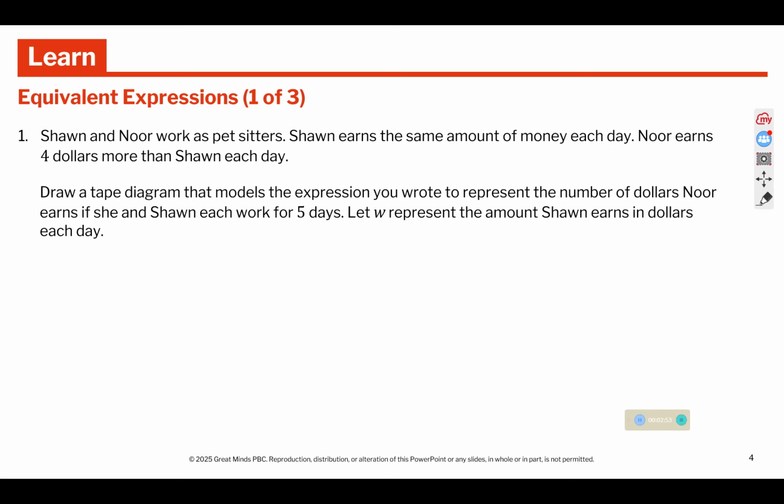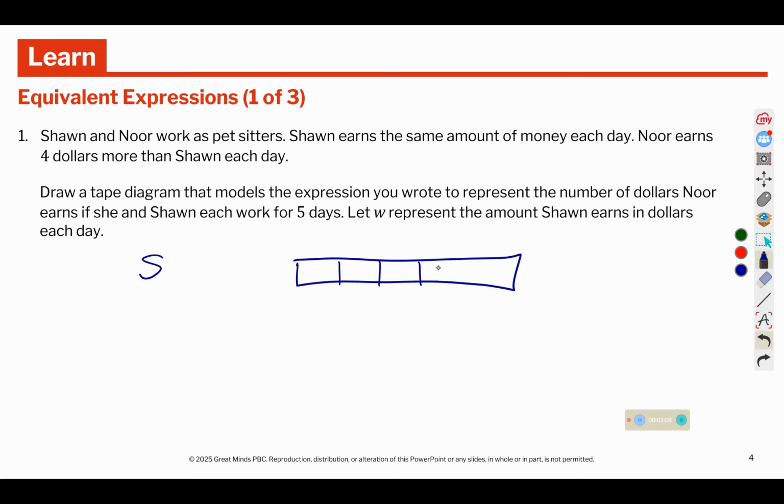Now we're going to draw a tape diagram that models the expression we wrote. So we have Sean with 5 days of earning W dollars. And Noor, each day she earns W and 4, but we need 5 of those.